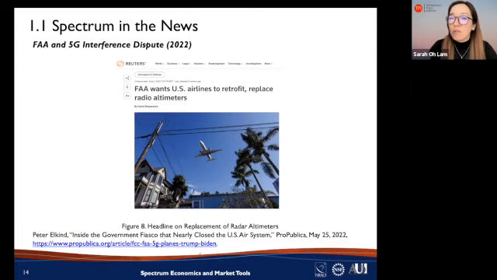The airline industry will say the radio altimeters are well within their rights to be operating the way they are. They don't need to replace or upgrade their legacy technology because at the time and currently they're within the rules that they're meant to be in.